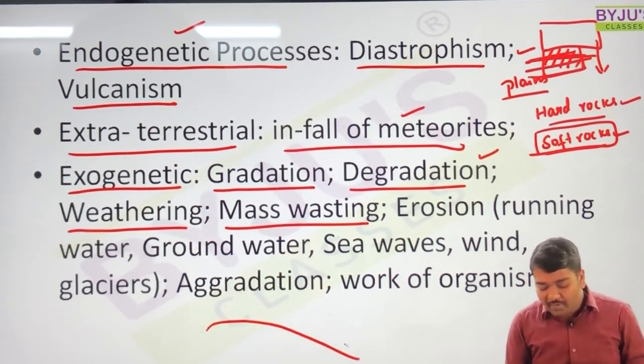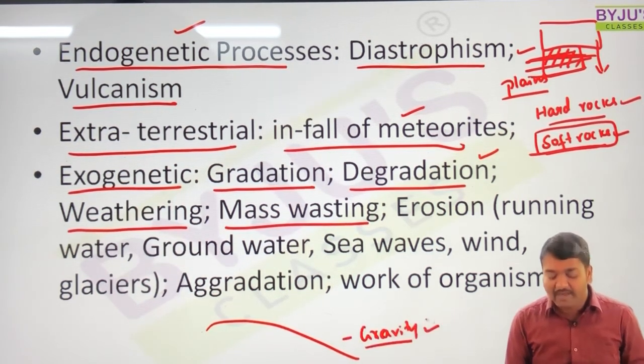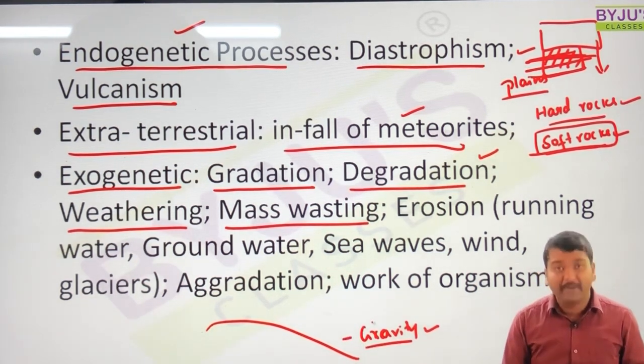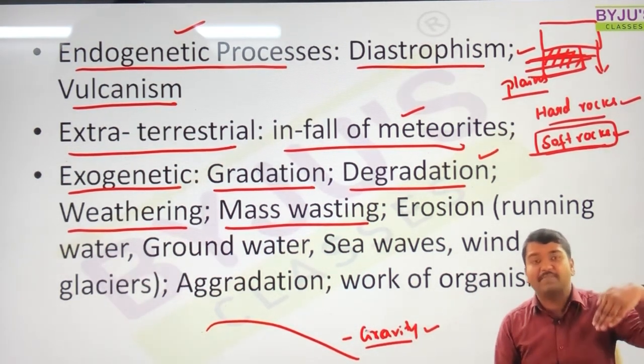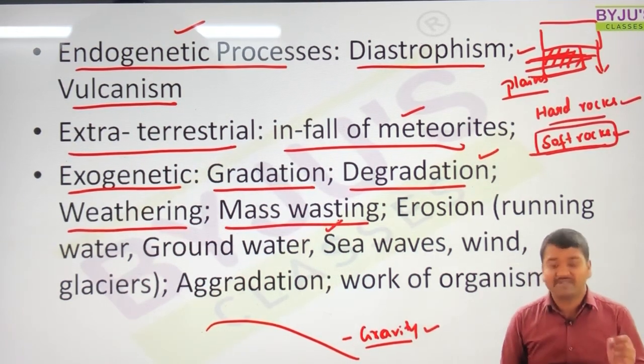It is mainly because of gravity. It may also be moved by wind or anything, but most importantly it will be because of gravity, that is, the steepness that is generated. So that is what you will see in mass wasting.